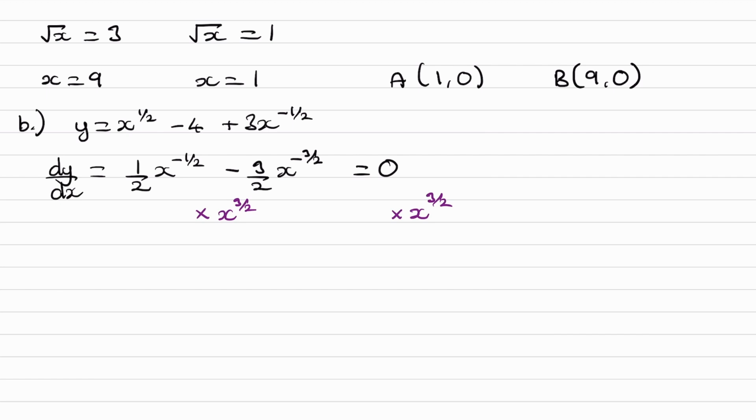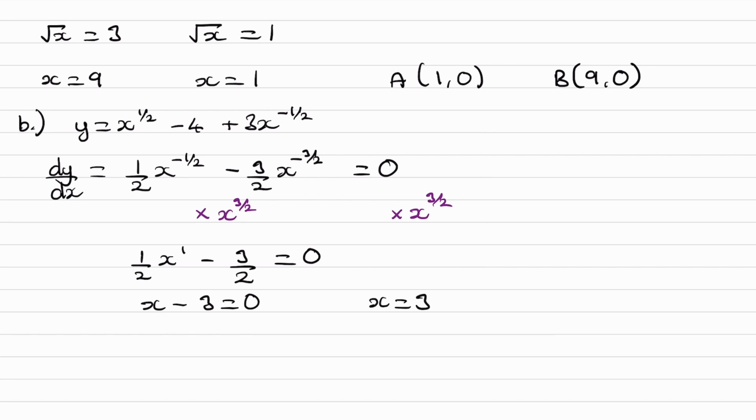They add up to make 1. So that would end up being a half x to the 1. Do the same thing for the second term. These two add up to make 0. X to the 0 is 1. Minus 3 over 2. That's equal to 0. And now we can just rearrange. So times everything by 2. X is then equal to 3.